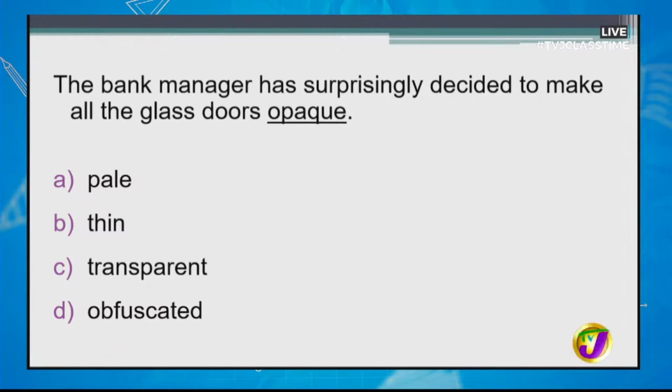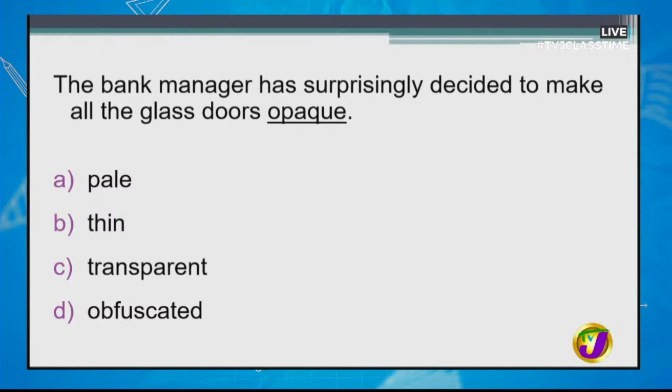The bank manager has surprisingly decided to make all the glass doors opaque. Opaque. What does it mean to be opaque? Think about it. I think these are the words we normally learn in grades 3 and 4 when we're doing opposites.